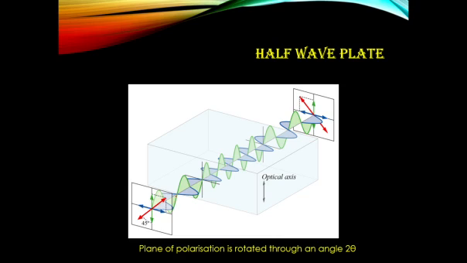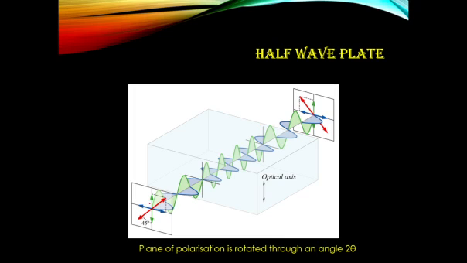It doesn't mean that there would be a green wave, just a pictorial representation that one wave will be proceeding in this direction, and another wave will be proceeding at 90 degrees to the first wave. Once it reaches the other end of the crystal, what is happening? It is a half wave plate, so it should have undergone a phase difference of pi.